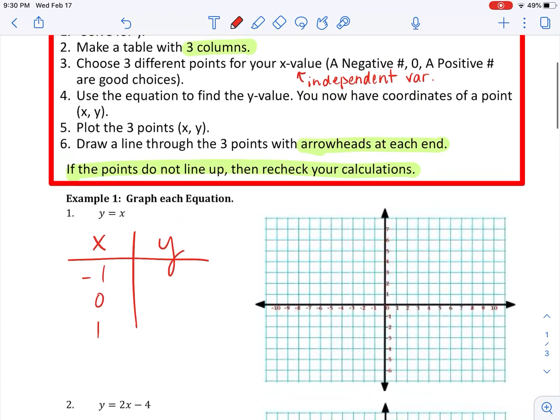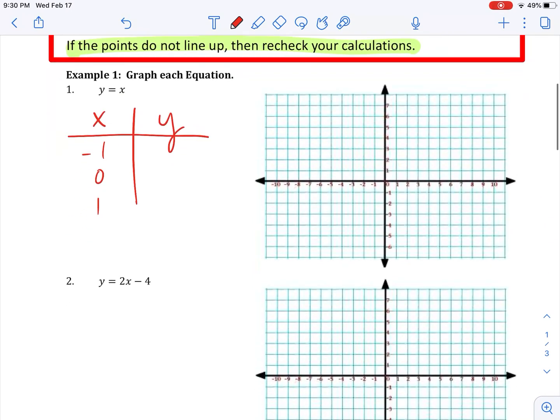And I forgot to mention it up above, but y is what's called our dependent variable. In most cases, it depends on what you pick for x. Again, there's a couple exceptions that we'll see at the end of the notes, but in most cases, y depends on what you plugged in for x.